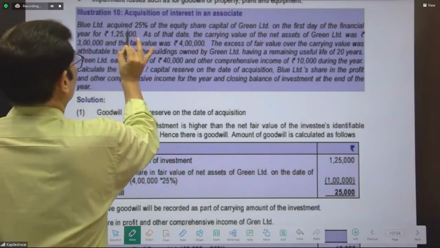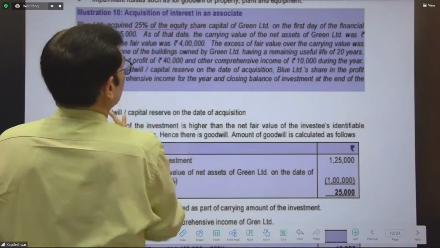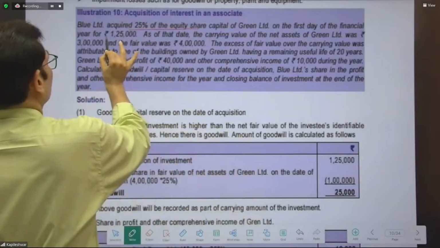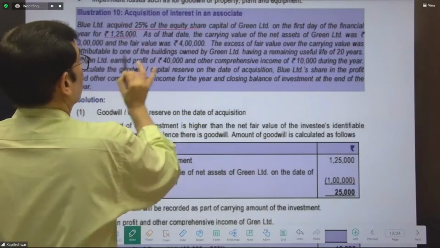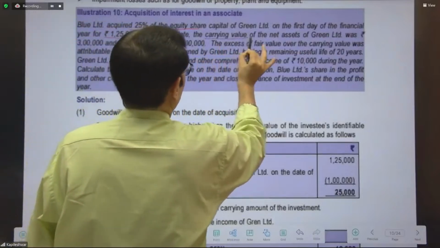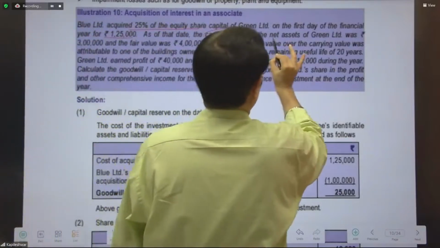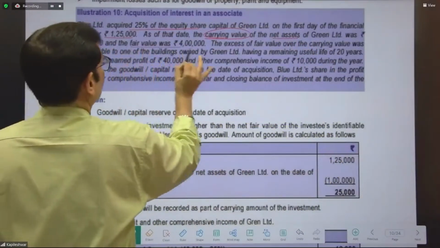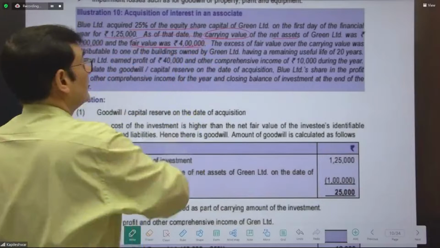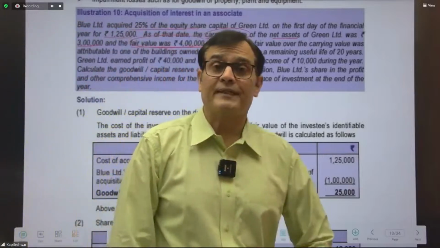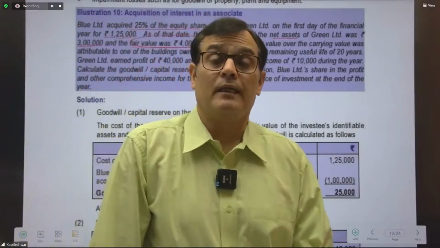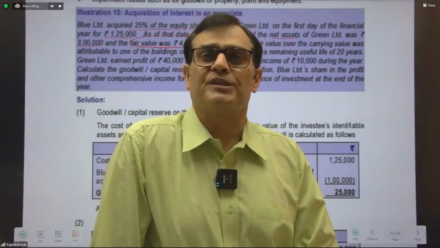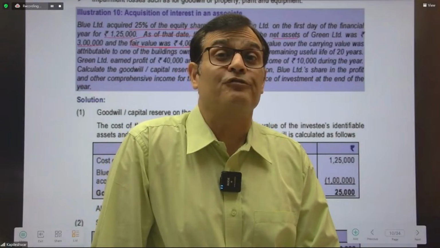It says Blue acquired 25% equity share capital of Green on the first day of the financial year for 1,25,000. As on that date, the carrying value, that means the book value of the net assets is given, that is 3 lakh, and the fair value is given, that is 4 lakh. Now, if you remember carefully, when I explained you the stage number 1, I very clearly said that you need to compare the consideration versus the share in the net assets at a fair value.